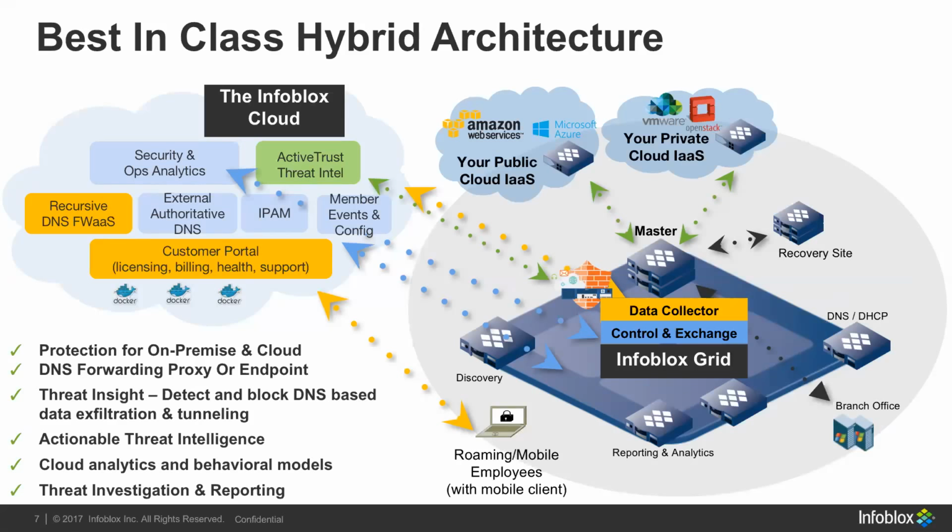Customers that do not currently utilize our DDI service can, as we discussed earlier, bring down the forwarding proxies to their current network or forward their traffic up to the cloud and deploy our client agents for their roaming users.